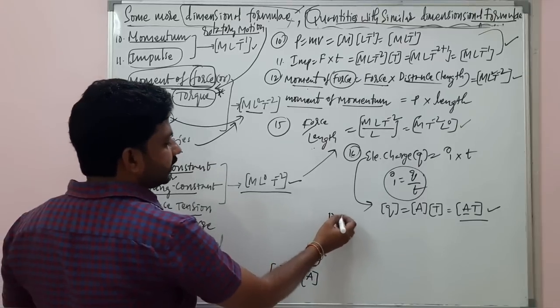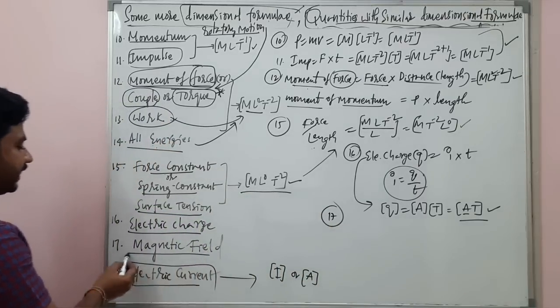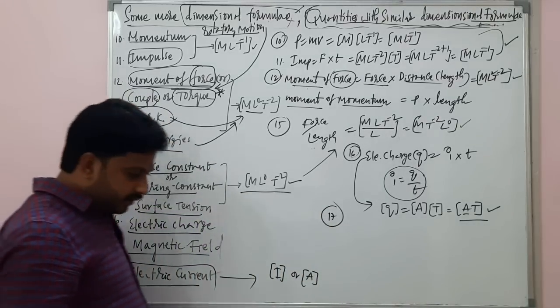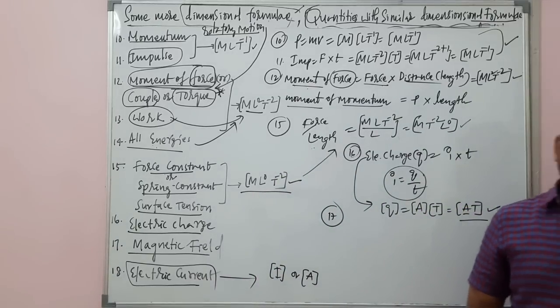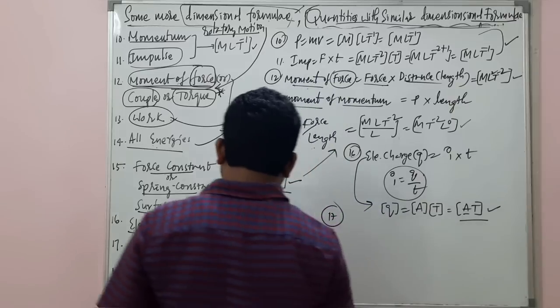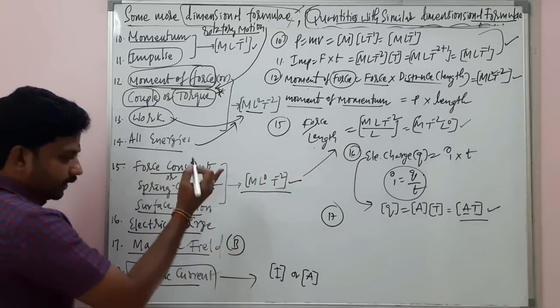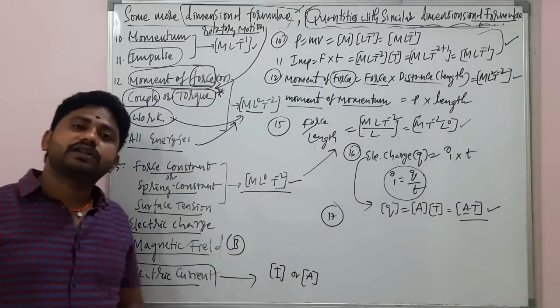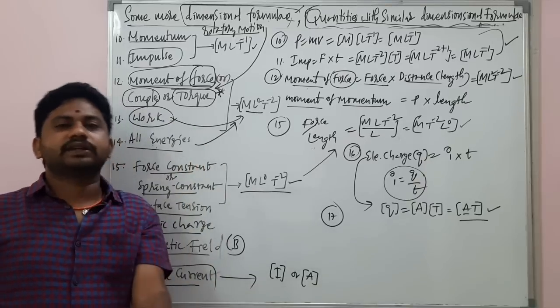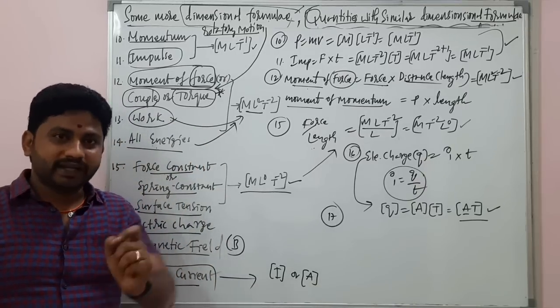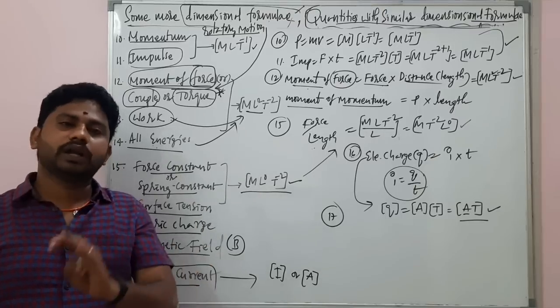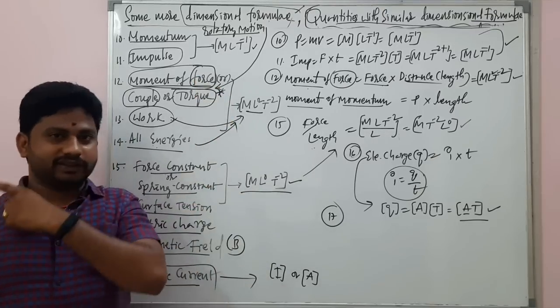And number 17 is magnetic field. We have the magnetic field formula. Magnetic field is denoted with the symbol B. I told you, to write any dimensional formula, the first basic requirement is that you must know the formula. That's what we started with.